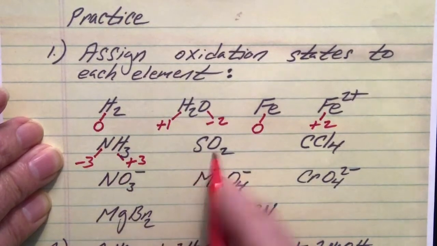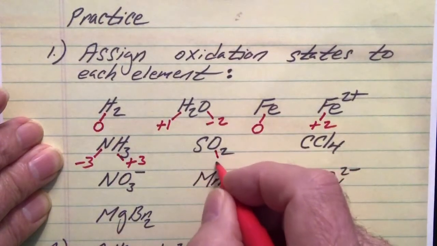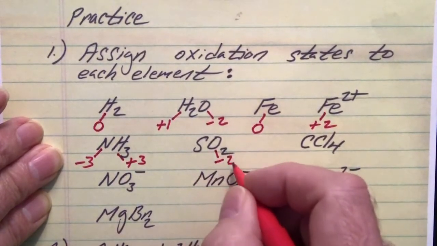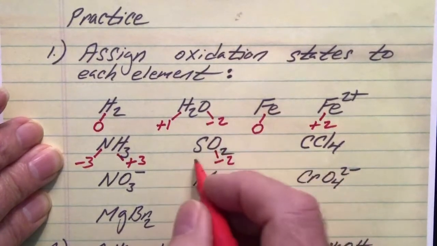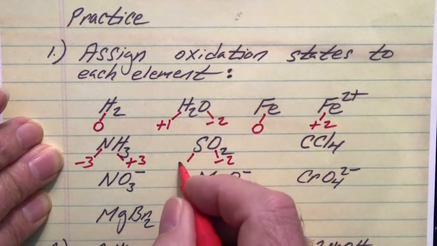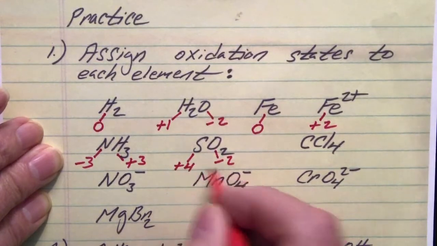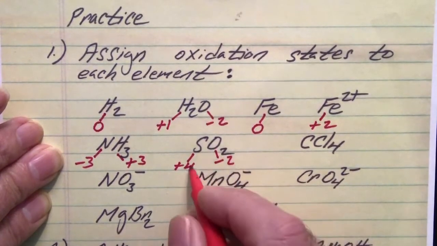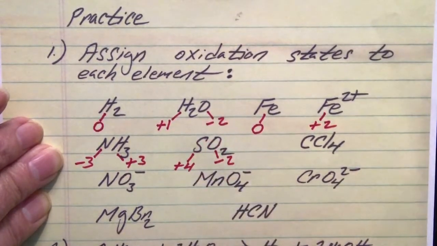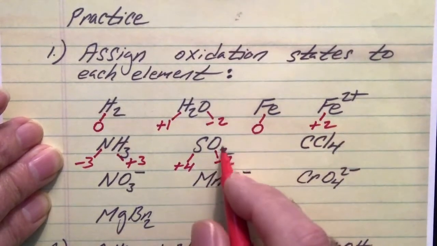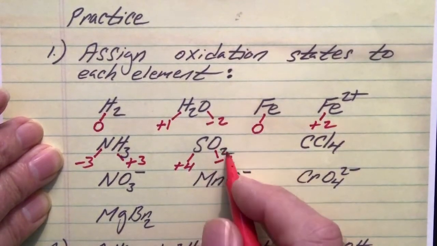So the same thing here, oxygen is a negative 2. There's 2 of them, so the sulfur must be a positive 4. 2 times a negative 2 plus a positive 4 is 0. Now, just in passing, remember that this is not peroxide.